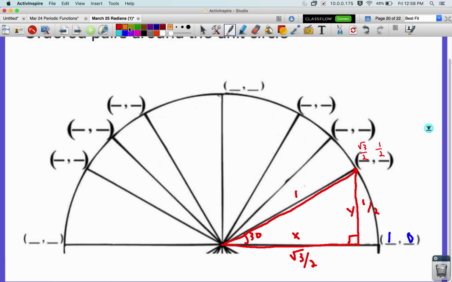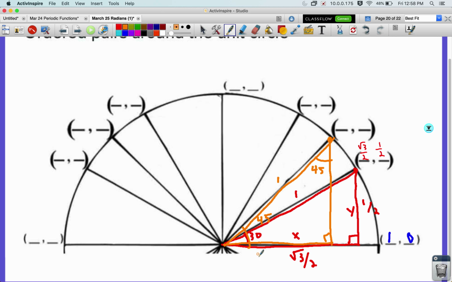Okay, this is going to get a little bit messy as I fill in these other special triangles, and try to keep it clear with different colors. But to get this ordered pair, I'm going to construct another triangle. This one, again, has a hypotenuse of 1. This angle measured down here is now 45, meaning this is our 45, 45, 90 triangle.